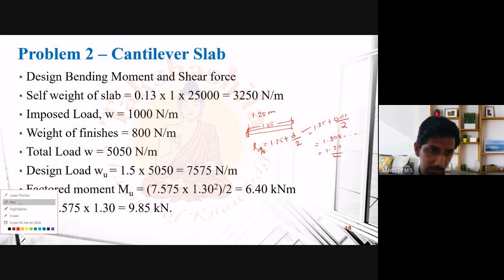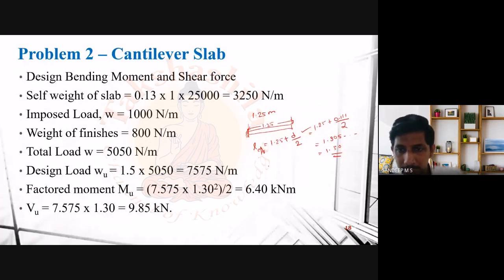In that case, L effective will be equal to this 1.25 plus, suppose you have a support here and this slab is continuous, and suppose this width is, say, 250. Then it will be 0.250 divided by 2, because it is the distance from the center of the support to the free end.